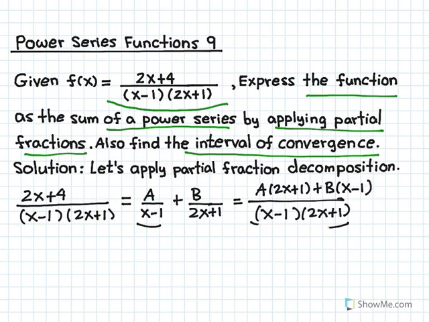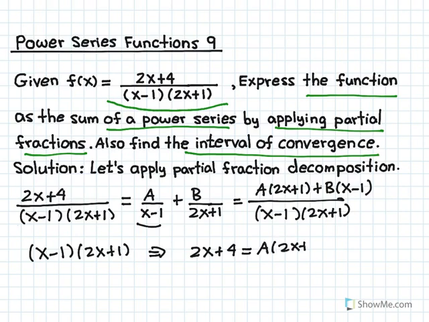Now we need to clear out the denominator, so let's multiply both sides by (x - 1)(2x + 1). On the left-hand side, we're going to get 2x + 4. On the right-hand side, we're going to get A times (2x + 1) plus B times (x - 1).